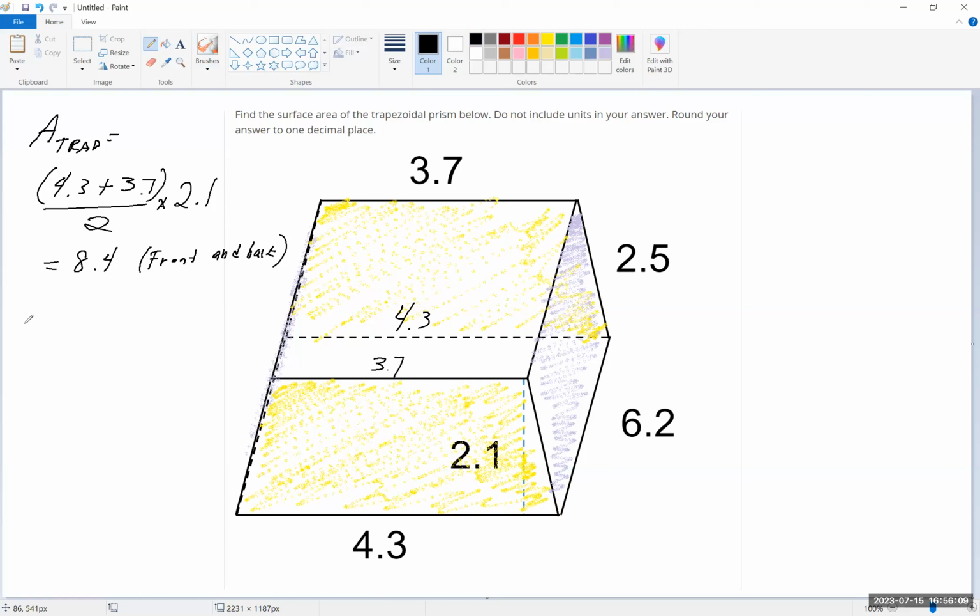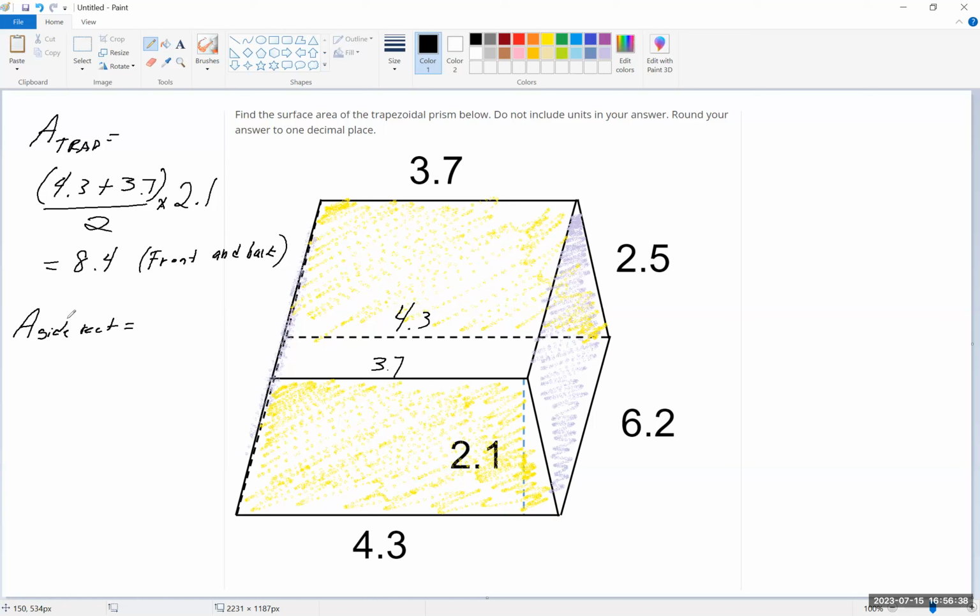And so the area of the purple rectangle, let's call it the side rectangle. And again, there's going to be 2 of them.